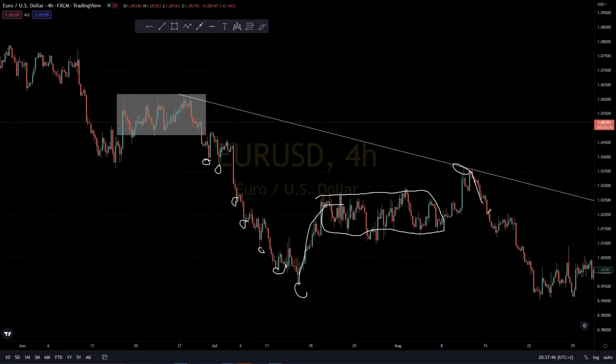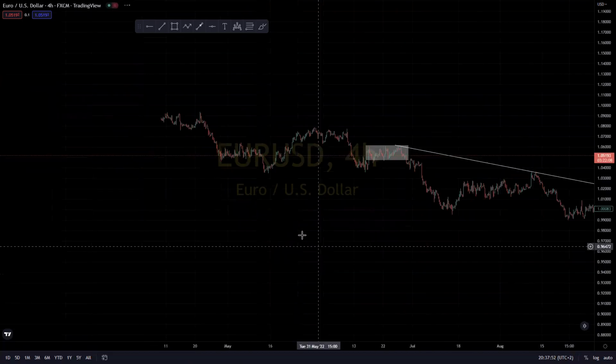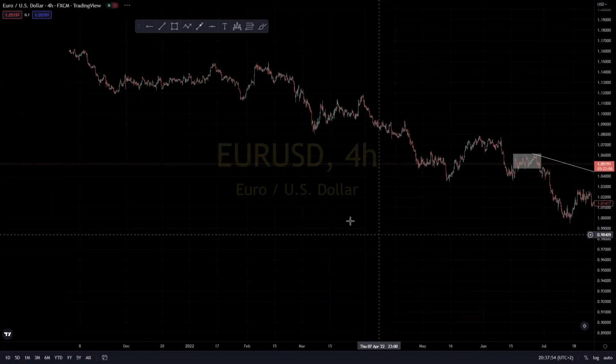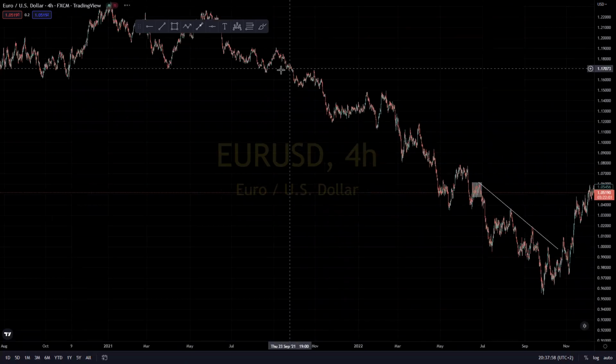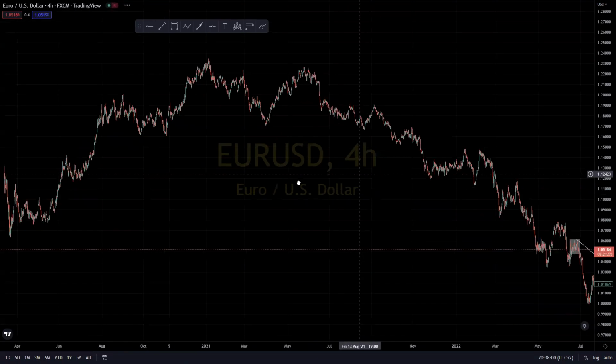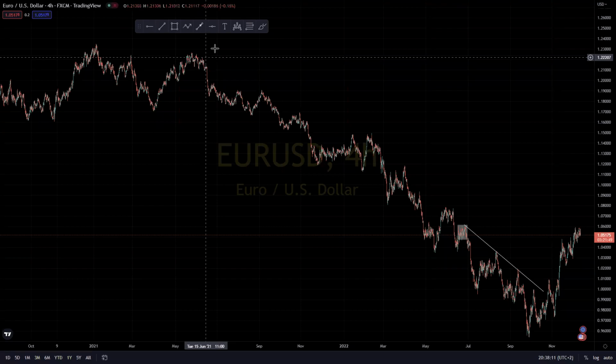Again, it touched there and started dropping. So the market was in a downtrend. Actually, the market has been in a downtrend since way back, from somewhere last year, Thursday, 10th of June 2021, 19 hours.